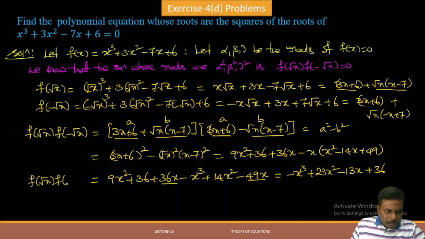f of root x into f of minus root x. But actually the required equation is minus 1 whole cube into f of root x into f of minus root x.